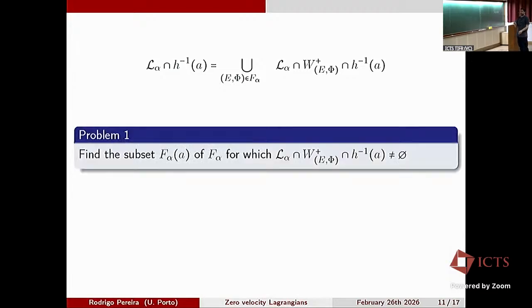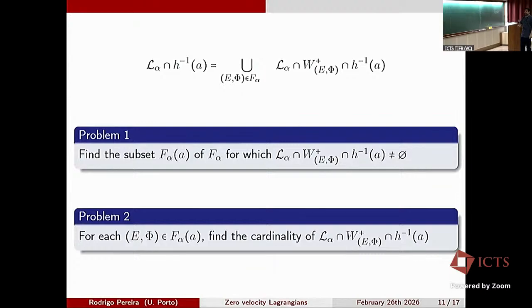So we first have a horizontal problem. We want to find out for which fixed points the intersection in the zero velocity upward flow exists. And then given one of those fixed points, we have the vertical problem. So we want to know how many intersection points there are.